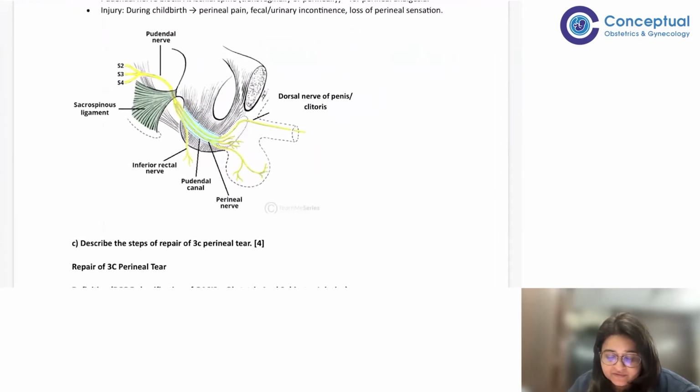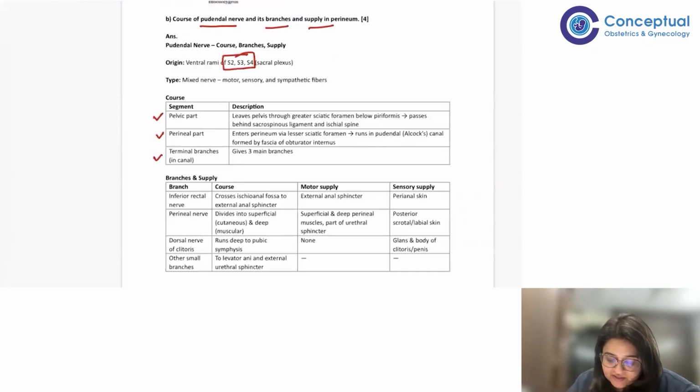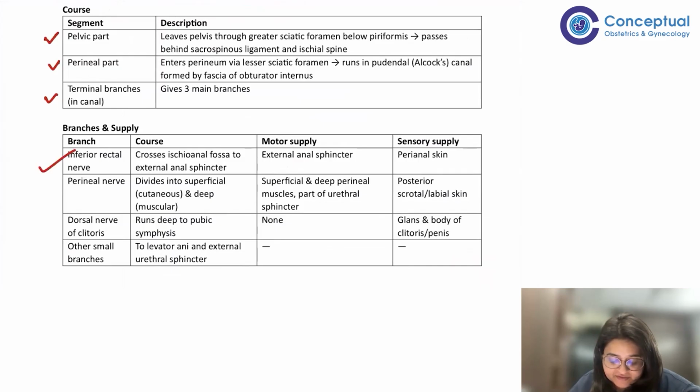The pudendal nerve enters through the greater sciatic foramen near the sacrospinous ligament. And this is the pelvic part. Then this is the perineal part, where it goes through the Alcock's canal or the pudendal canal. And then it divides into the 3 main branches: the inferior rectal nerve, the perineal nerve, and the dorsal nerve of the clitoris.